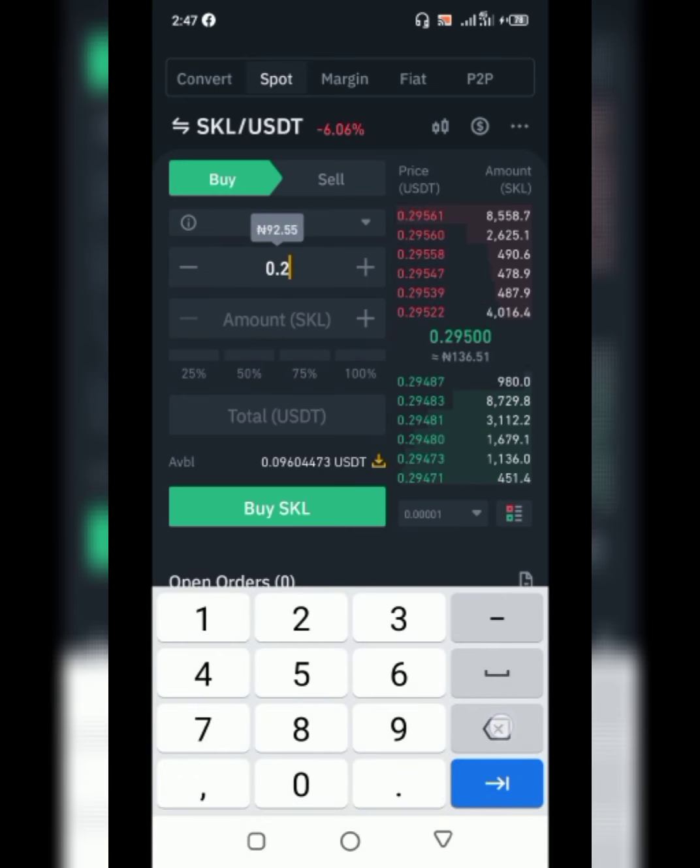As you are editing it, you'll see the naira value of the coin. They tell you to trade it at 0.30. That simply indicates that you are buying that coin at the price of 138 naira. And you could see now that the price is even 136. On no circumstances should you set or buy any coin under a limit that is higher than the current price. Only a fool will do that.